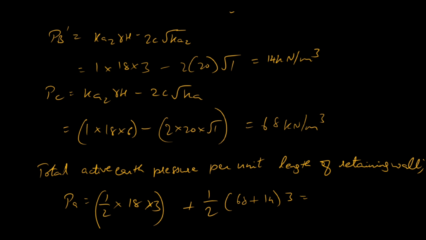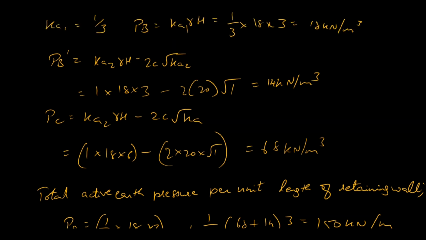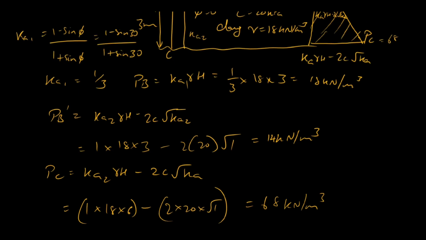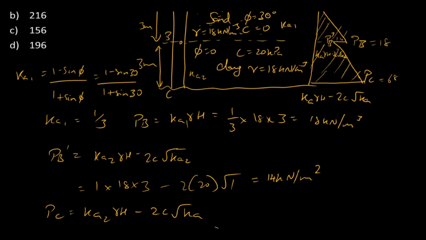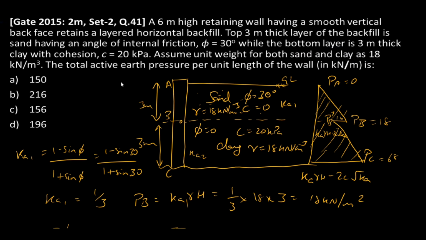Here we get the pressure distribution as 150 kilonewton per meter. We will not get kilonewton per meter square, because the values of PA, PB, PB dash and PC are in kilonewton per meter square. So option A is the right answer.